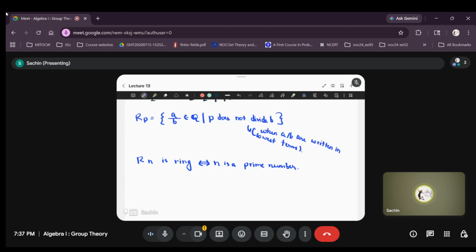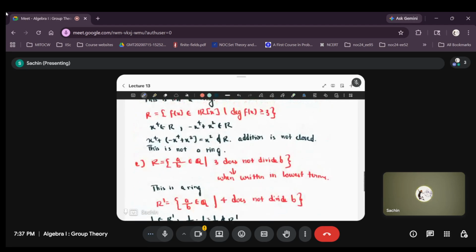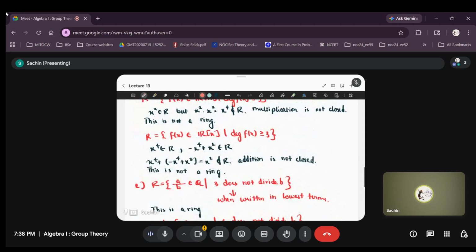Closure under addition, zero is an element, because when it comes to zero, you can write zero as 0 by 1. That is the lowest term, because for any other representation, like 0 divided by 2, you can cancel out the 2 in both numerator and denominator. Every number divides 0. When you write it in lowest terms, 0 is 0 by 1.